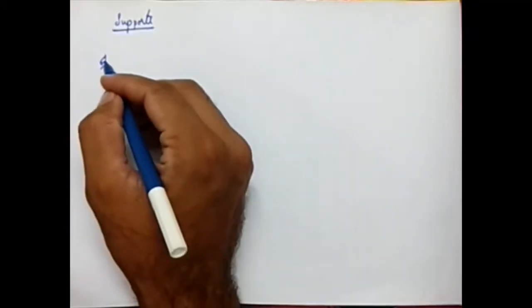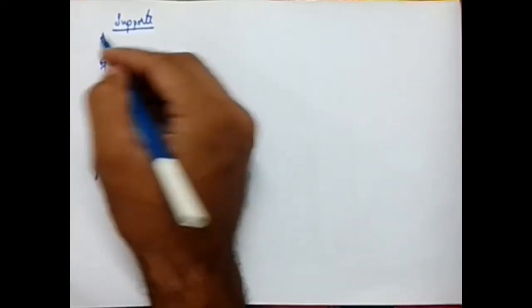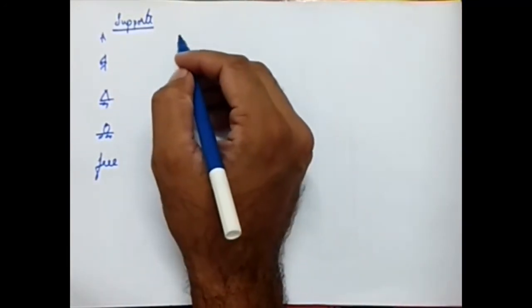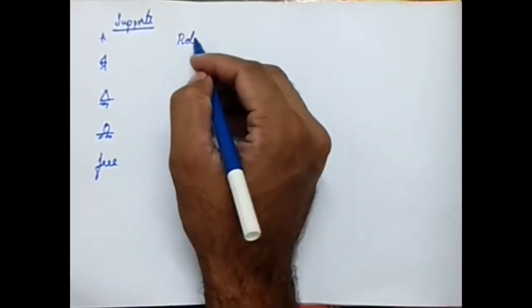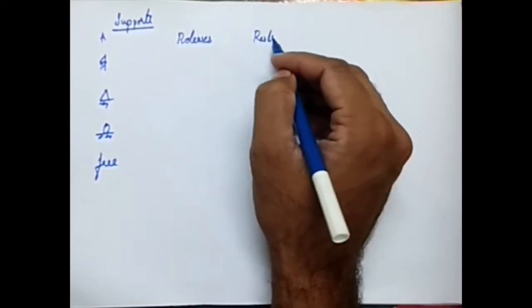When you go through higher versions of structural analysis like SA2 and SA3, you will be calling joints as nodes. So here what you can find is this is a joint, and this joint represents these different conditions, and I'm naming the joint as A. When we hear about these things, there are two things that we are bothered about: one is the releases and the other one is the restrictions.